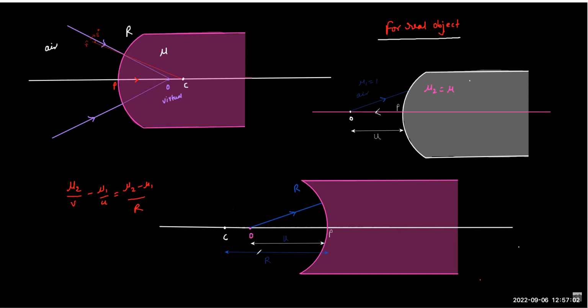Okay, so if the object is real and u is negative and v also turns out to be negative, it means the image is virtual. If u is negative and v is positive, it is real. And if u is positive and v is also positive, what is that?